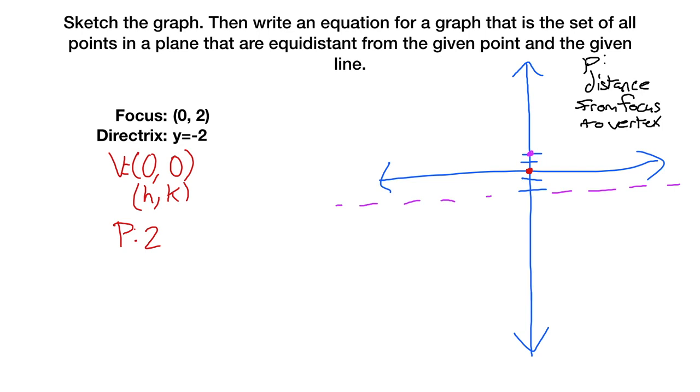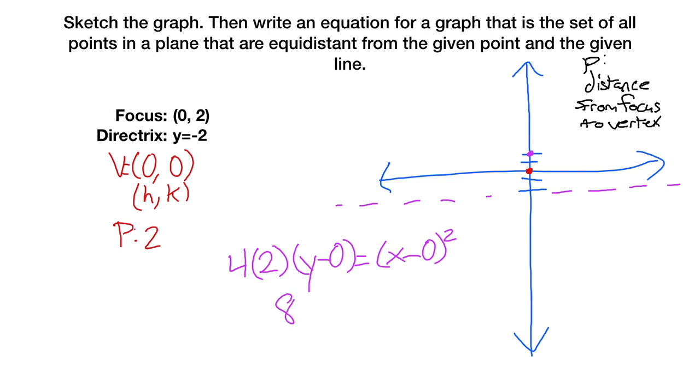Then I just plug in my values. So this formula is the one that we just wrote. Because it's going up, it's a positive 4. So I would write 4 times, in this case my p-value of 2, times y minus my k value, which was 0, equals x minus my h value, which was also 0, squared.